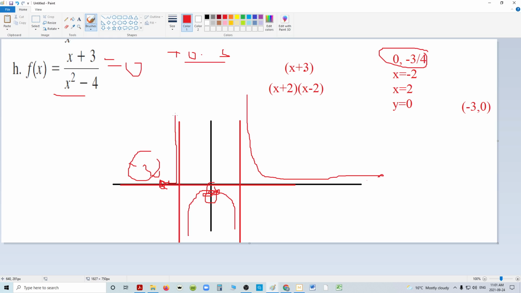So it's weird. I'd have to take right beside the asymptote. So I'd have to make like minus 2.0001. When I add 3 to it, I get positive, like 0.99, almost 1.